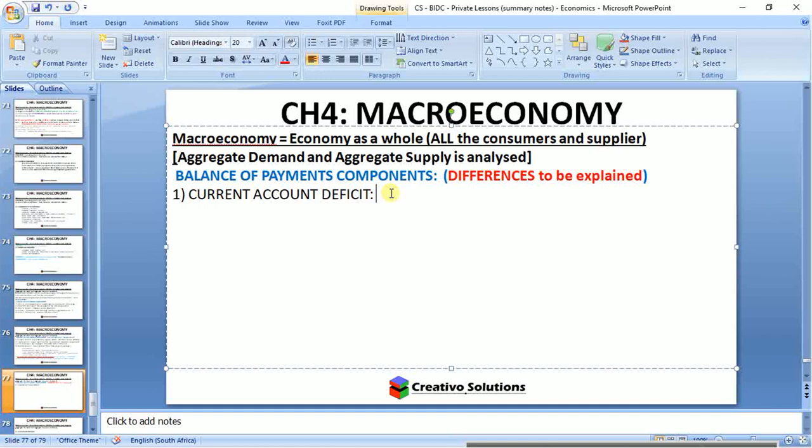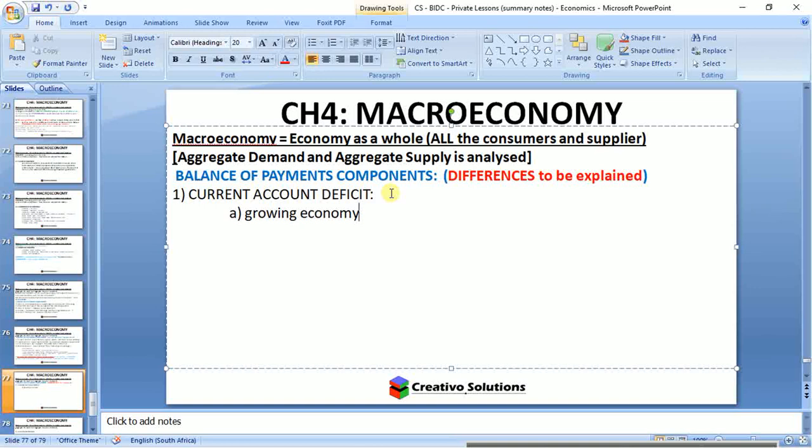So what would explain the differences in the current account with the other accounts? Well, the first one would be a growing economy. If we have a growing economy, are we going to import more or export more?